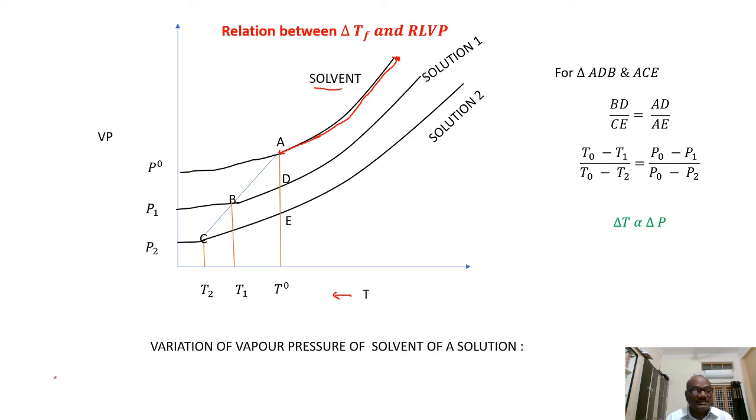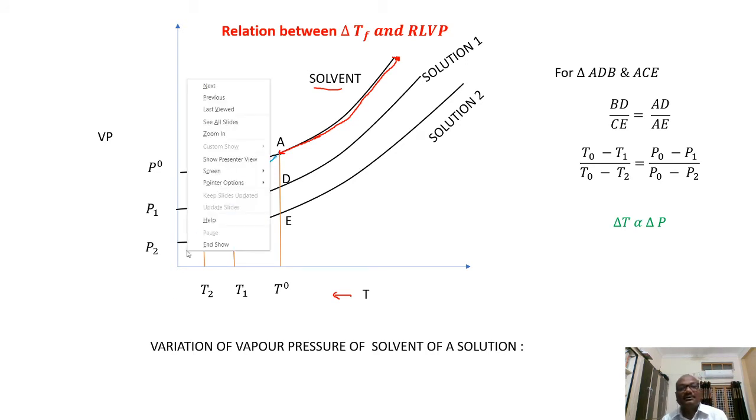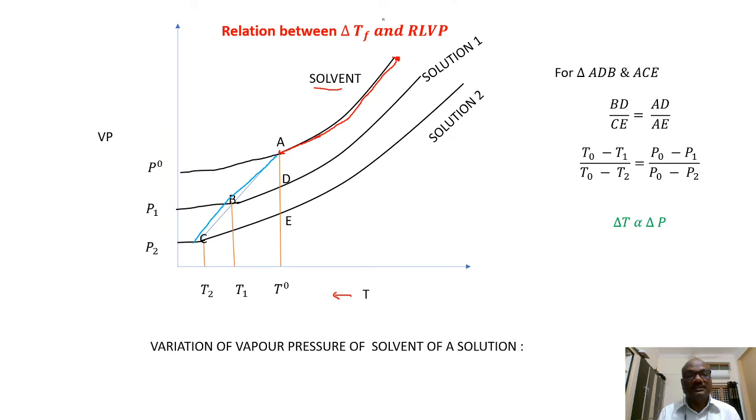You can see this is the solid curve. This represents the solid. So at point A, both the solid and liquid phases are present in equilibrium.